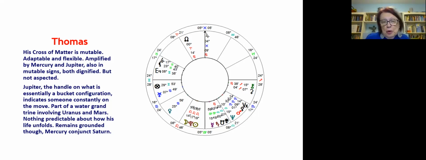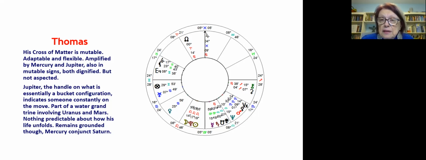If you look at the rest of his chart, it's got a lot of dignified planets. And Jupiter, which is the handle on essentially what's a bucket, indicates someone constantly on the move. It's part of a grand water trine involving Uranus and Mars, and there's nothing predictable about the way his life unfolds. He remains grounded though, because he has Mercury conjunct Saturn in his 4th house.